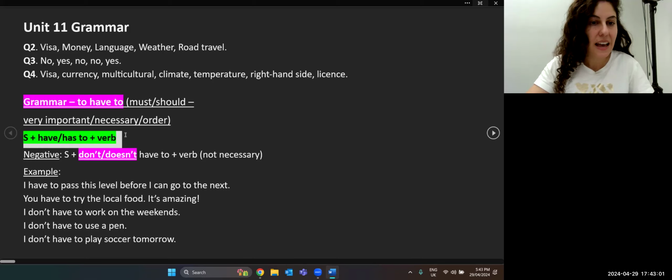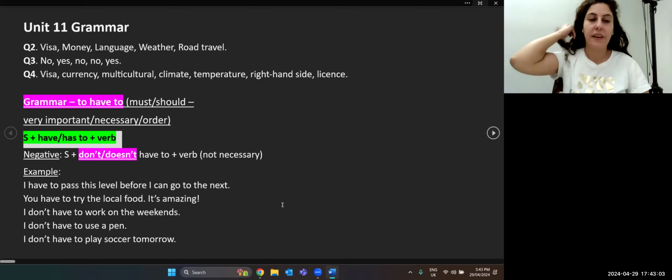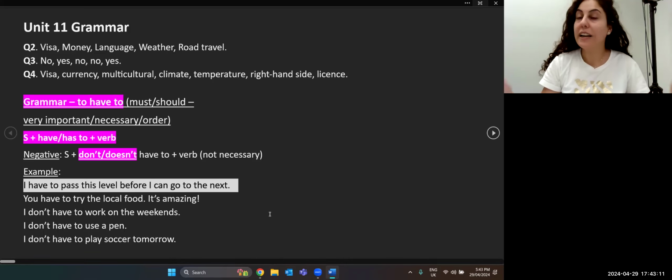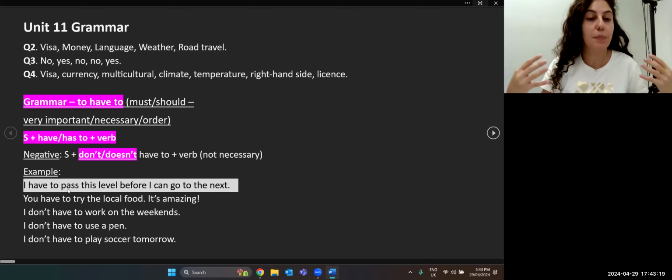Okay, so an example of this could be, I have to pass this level before I can go to the next. It's really, really important. Subject, I have to, and then the main action, the main verb is pass. I have to pass this level.